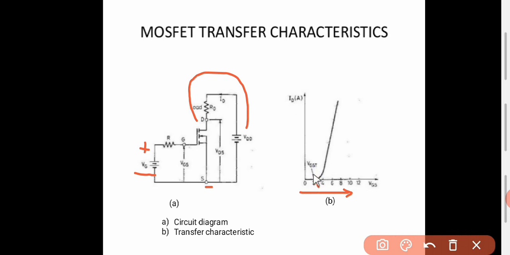It is the VGST, the gate source threshold voltage, which is required to turn on the device. It is about 3 volts. So when the gate voltage reaches 3 volts, the drain current starts to flow from drain to source.